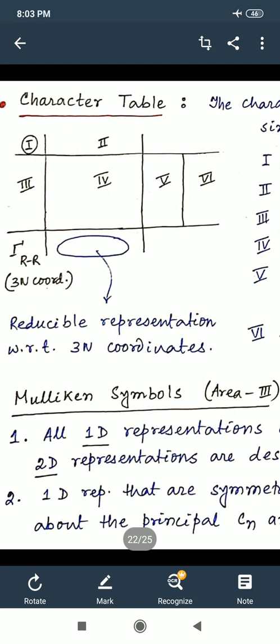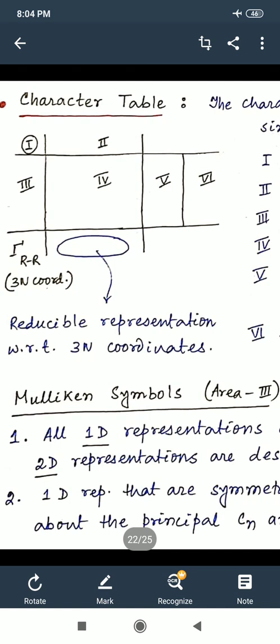At the bottom left I have written the Bethe notation RR, the reducible representation taking the base 3n coordinates.